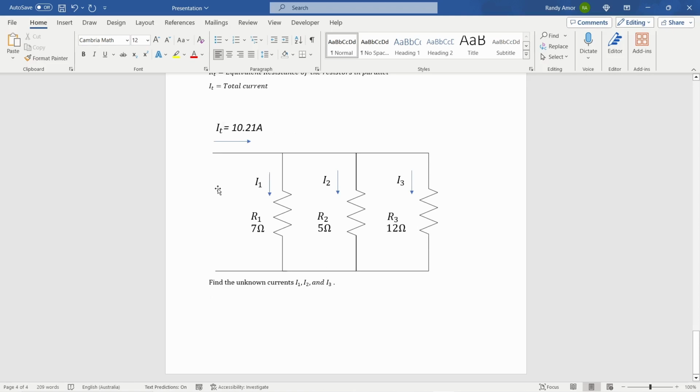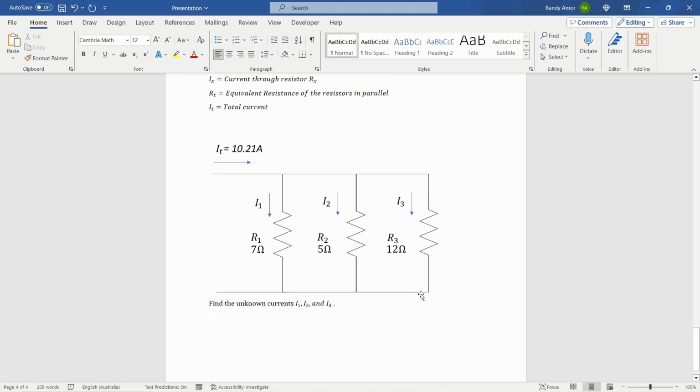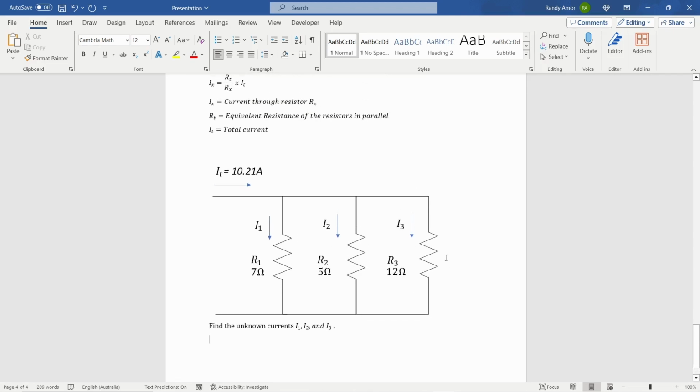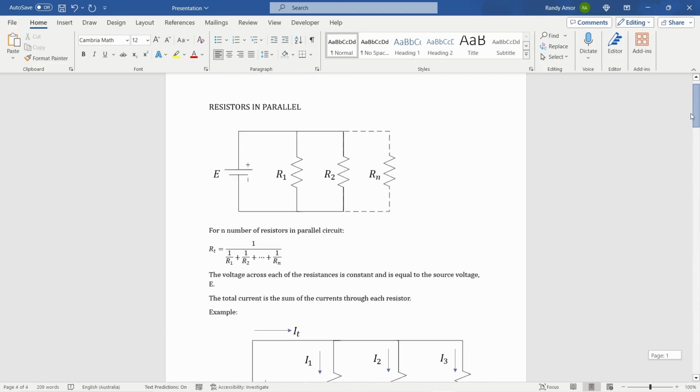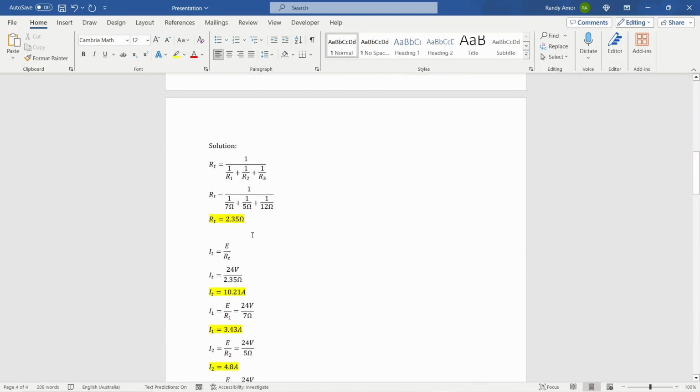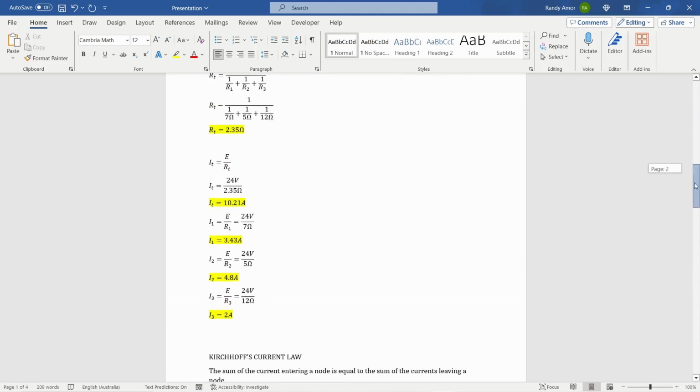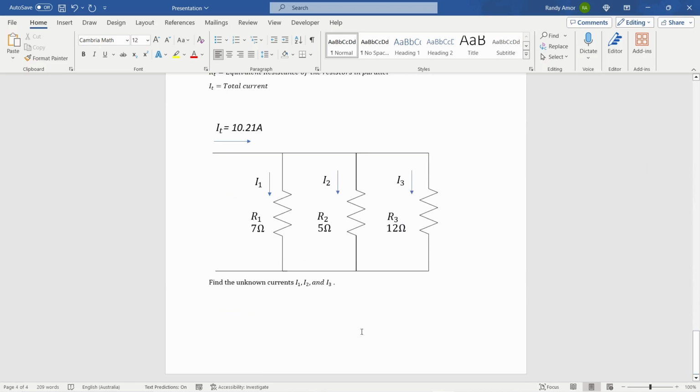Because we're using the same example as above, we already computed the total resistance as 2.35 ohms, so let's just use that.